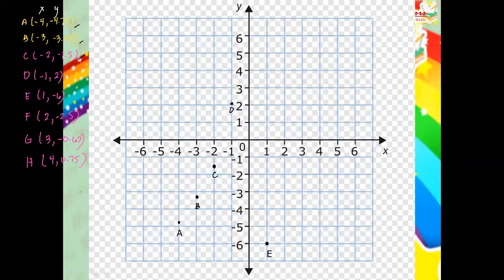It's here. This is letter F. G. +3 and -0.67. It is here. This is letter G. Let's write G.